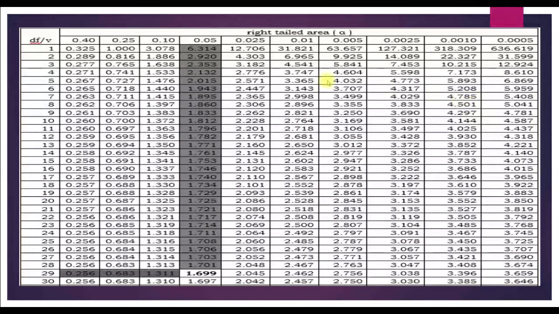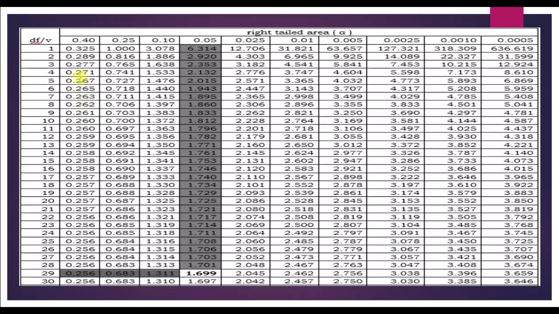So using the t-table natin, hanapin natin yung 29. Okay. So using the t-table, hanapin natin yung degree of freedom dito sa left side, so 29, and then sa right-tailed area natin is 0.05.